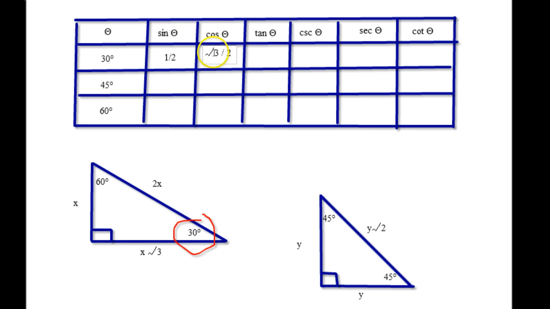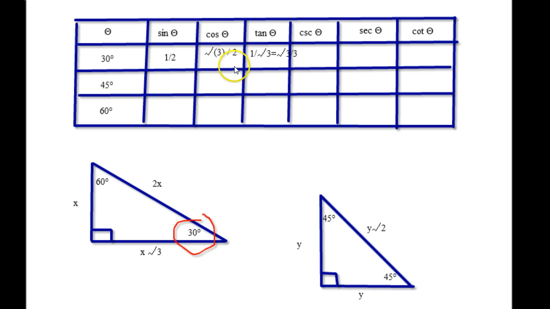Okay, now the 3 is the only one being square rooted, so just so you understand, it's not the square root of 3/2, it's the square root of 3 divided by 2. Okay, now tangent is going to be the one I just did, so it's going to be 1 over root 3, okay, which amazingly enough turns into root 3 divided by 3.